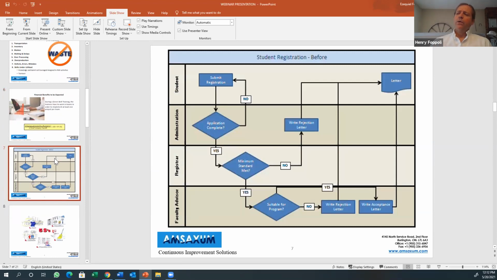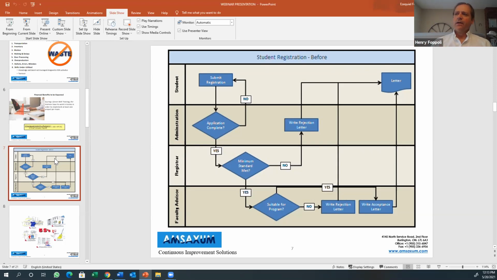One of the ways Lean advises companies to identify sources of waste is process mapping. Here we see one of the many types of process mapping. This is called a swim lane. In this particular example, we have the registration of a student going to a university.